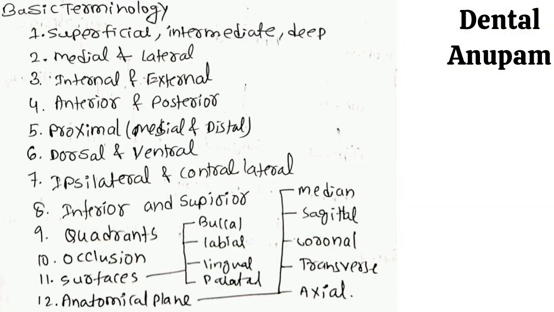Now go to the alphabet or basic terminology of oral anatomy. It is also common in human anatomy. The following terminology is important to understand and simplify the description of individual anatomical structures of the oral cavity as well as their relationship with the adjacent organs.